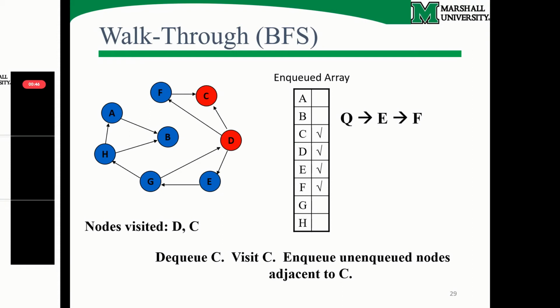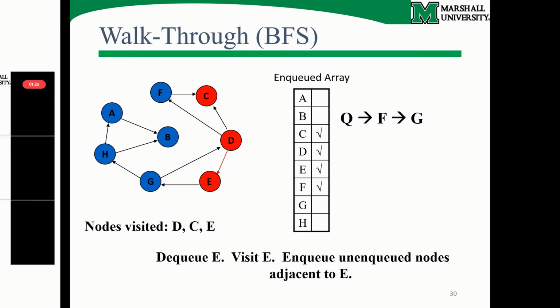Next, we dequeue E and add all the vertices that are adjacent to E into the queue, and also visit the vertex E. Next, we dequeue the vertex F from the queue and visit the vertex, and also enqueue all the vertices that are adjacent to F but not visited.